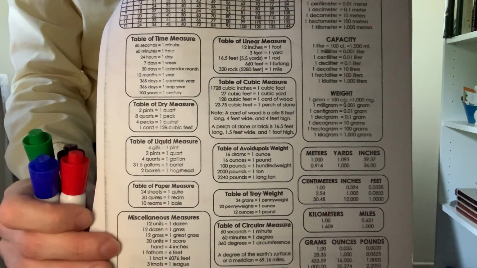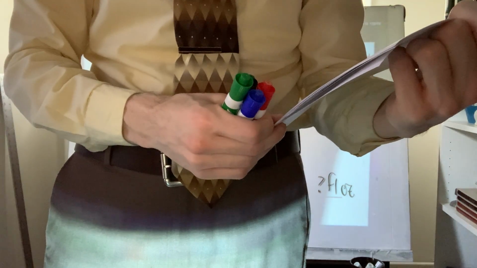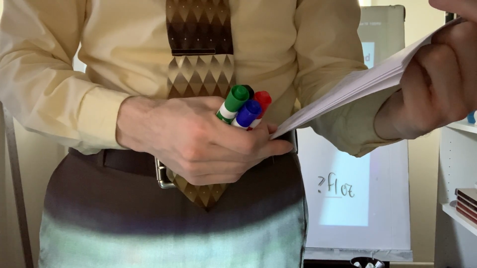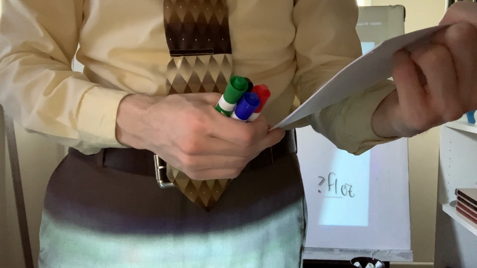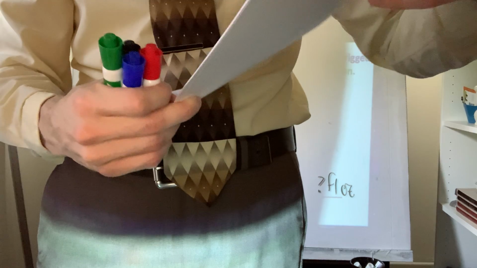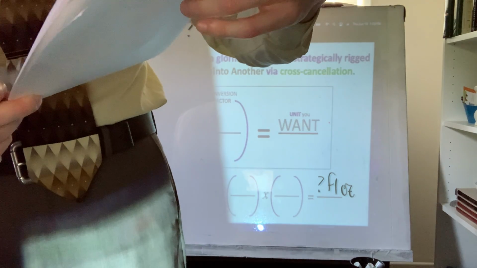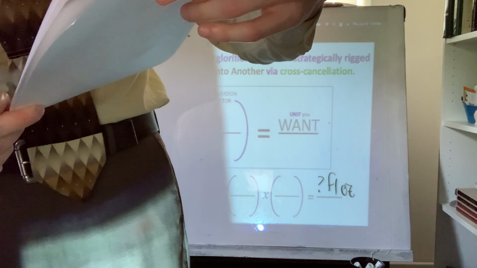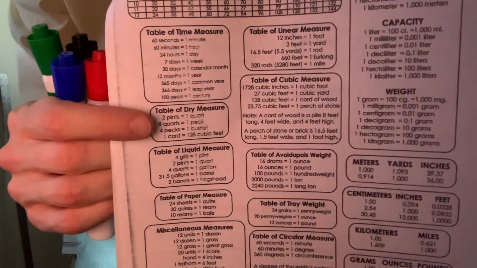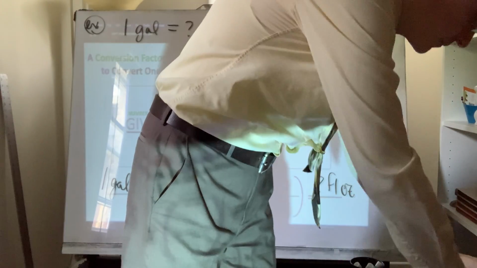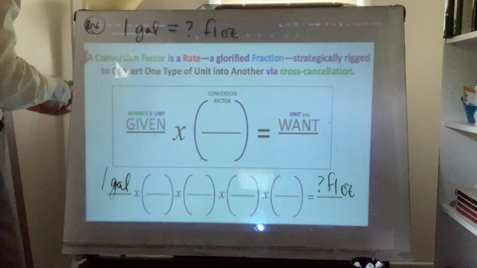I'm reading it backwards, so it's a little bit tricky, but let's see. The closest that seems to be missing here, at least that I can see from just glancing at it right now, would be this dry measurement here, where you see at least it says pints and quarts. So I'll just give you the extra information right now.